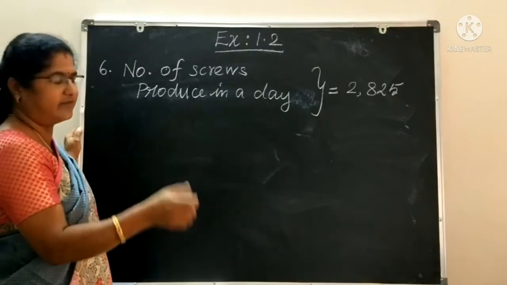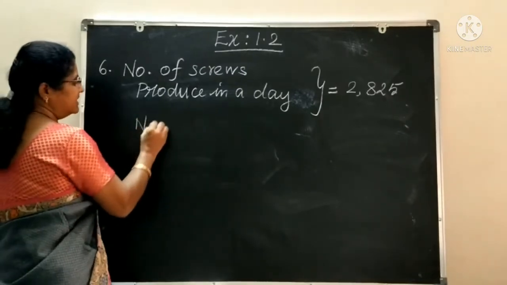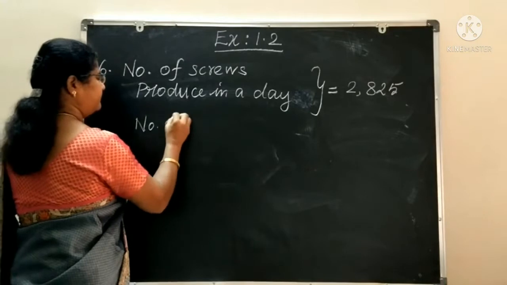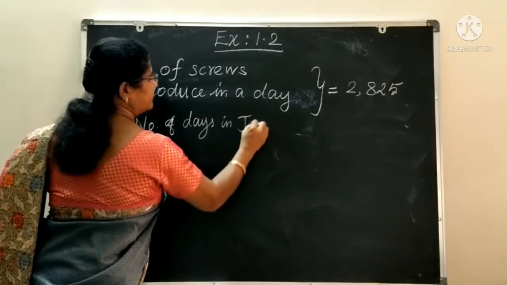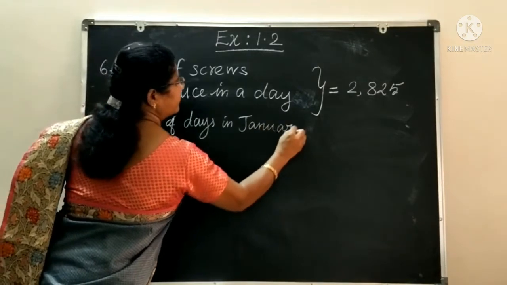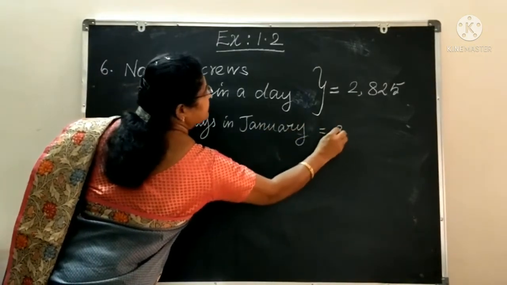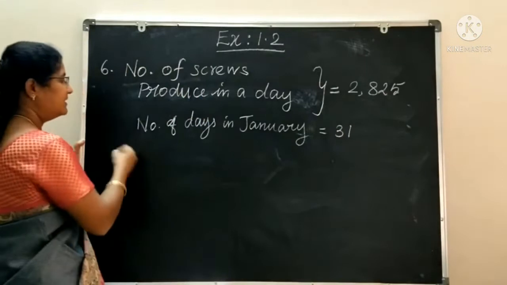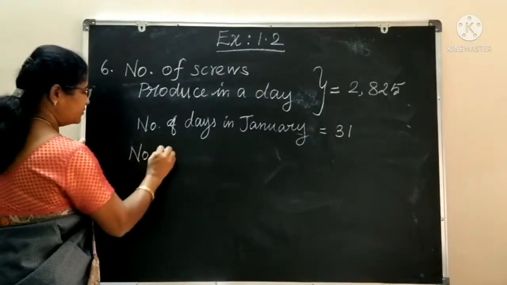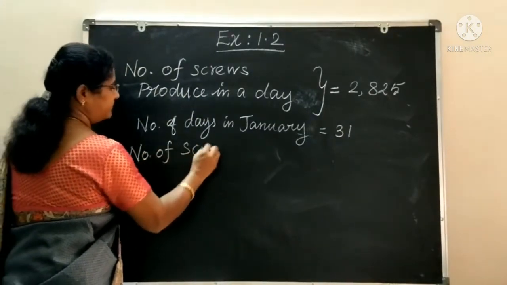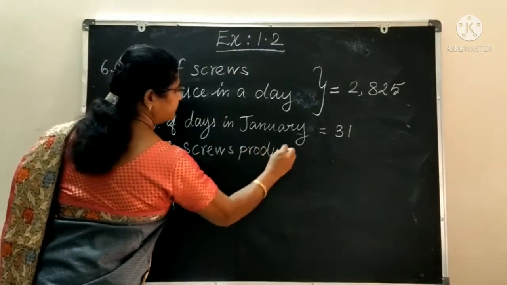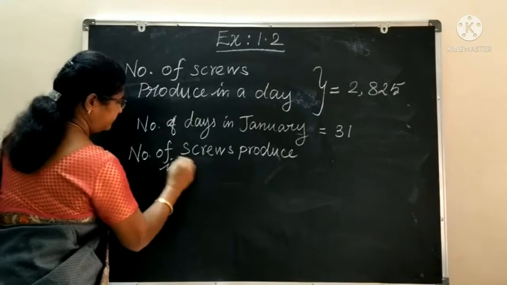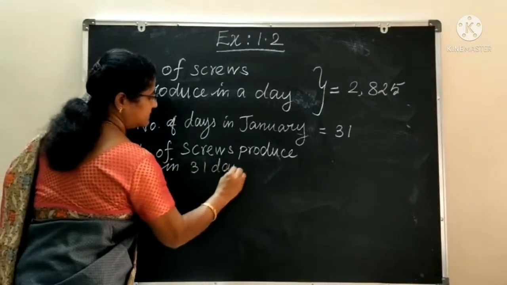So the number of days in January: how much? 31 days. Now, the number of screws produced in 31 days.